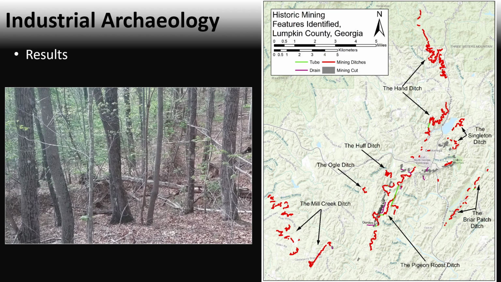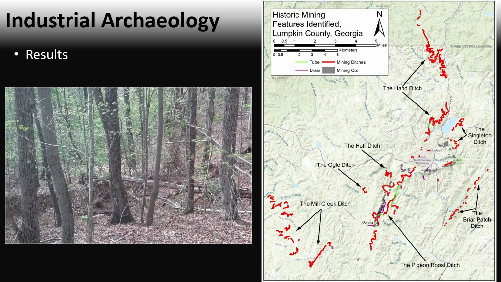So what kind of challenges did we face when we were doing our spot checks? Well, sometimes in archaeology you face some challenges. We ran into some landowner issues, so not every location could be spot checked. What we did learn from this was that we can use LiDAR data to create a hillshade and use that hillshade to look for earthworks that are mining era earthworks, these mining ditches, that are really not even listed.